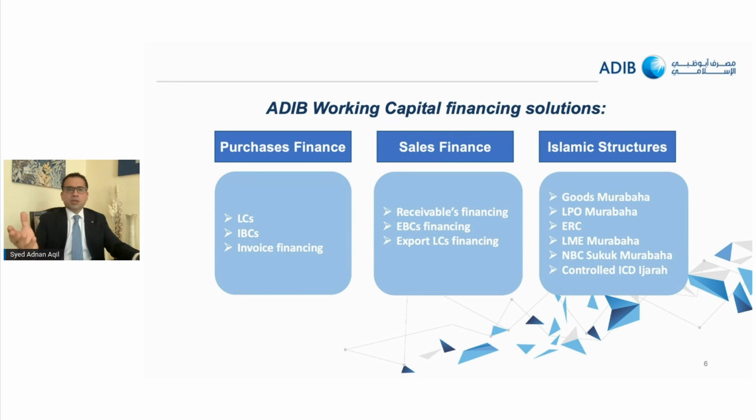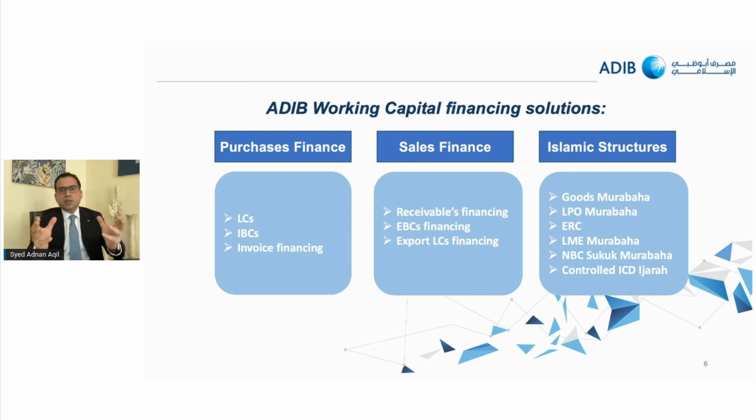Now, let's suppose you have export LC financing, how do we finance for a customer? The structure can be used as ERC, exchange receivable commodity. This is an Islamic way of structuring a transaction. For a client, it may make no difference other than signing certain documents and doing a Sharia compliant structured financing mode.